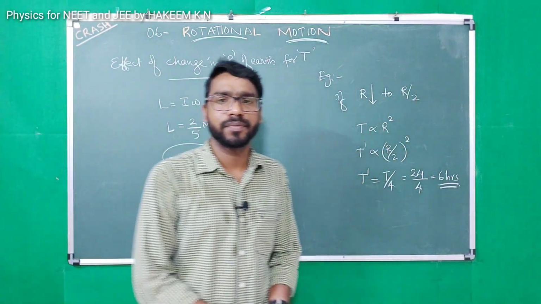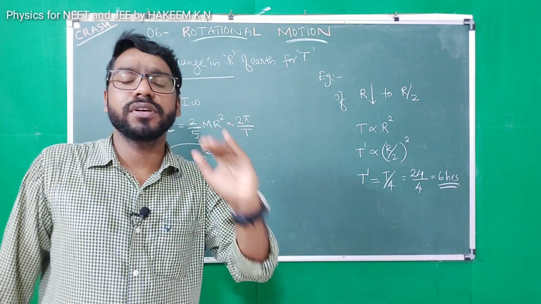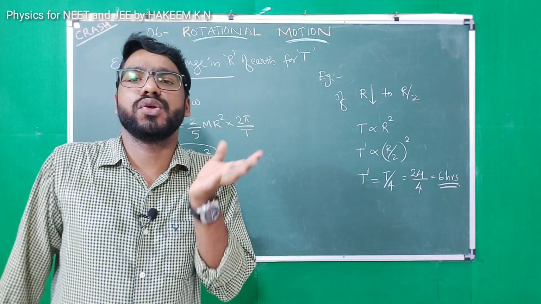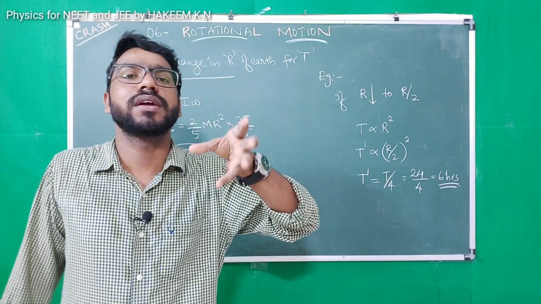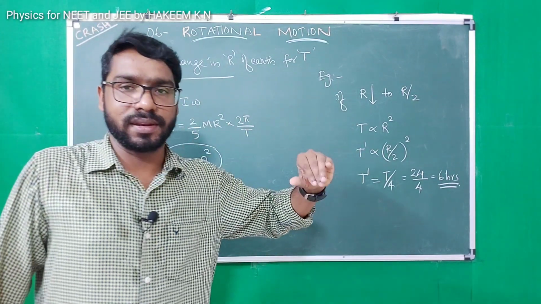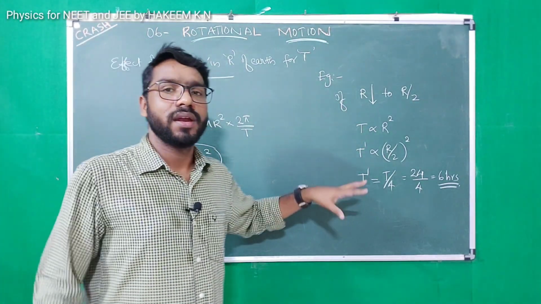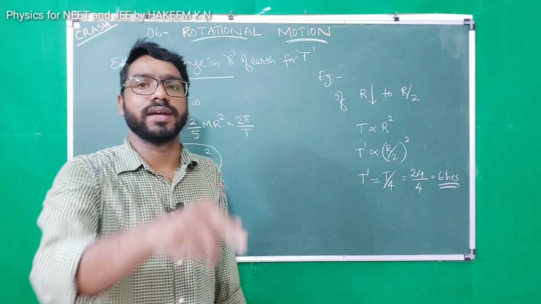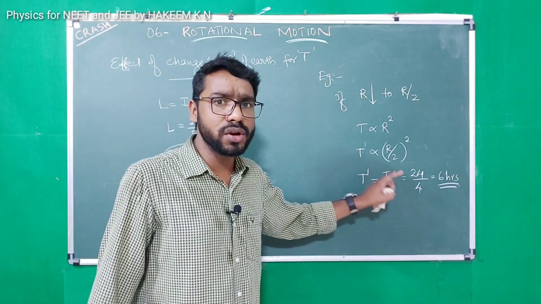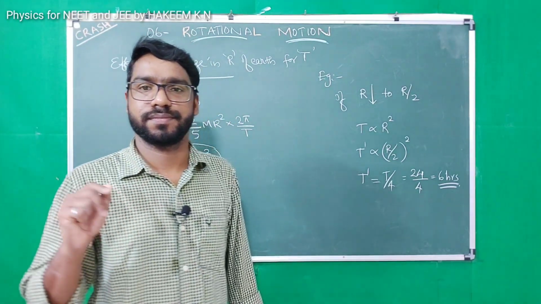That means if the radius of Earth is reduced, or Earth shrinks to half of its current radius, then the time period of Earth's rotation about its own axis will reduce from 24 hours to 6 hours.